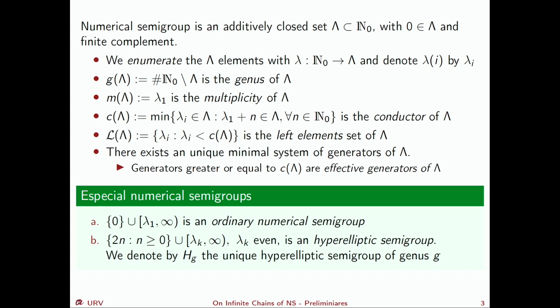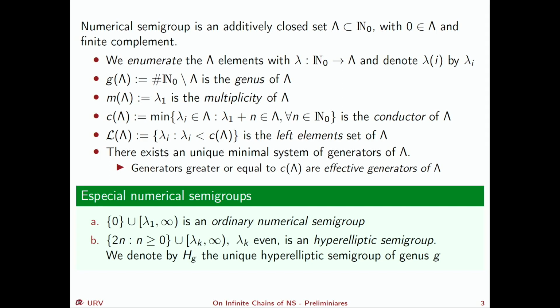Some preliminaries: a numerical semigroup is a subset of the naturals, positive with 0, so 0 is there, it's additively closed, and its complement is finite.